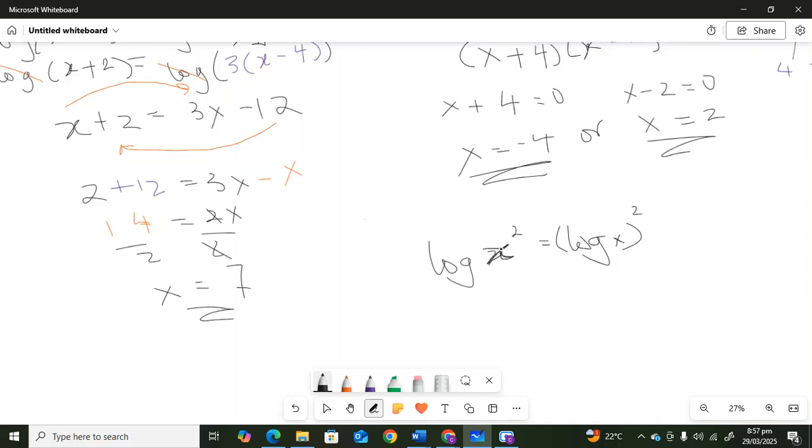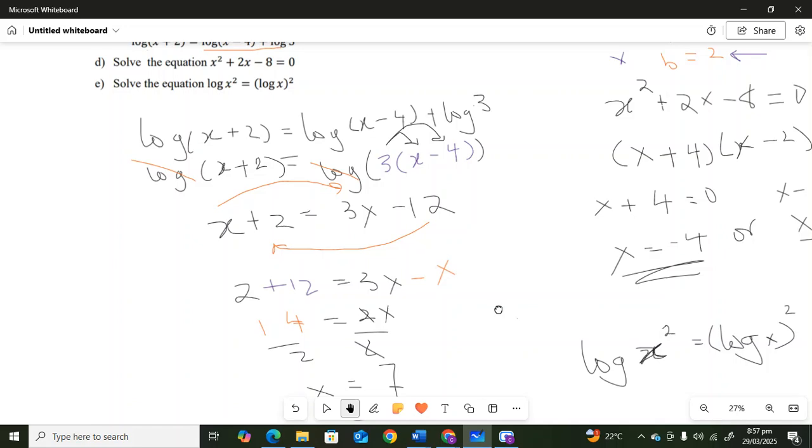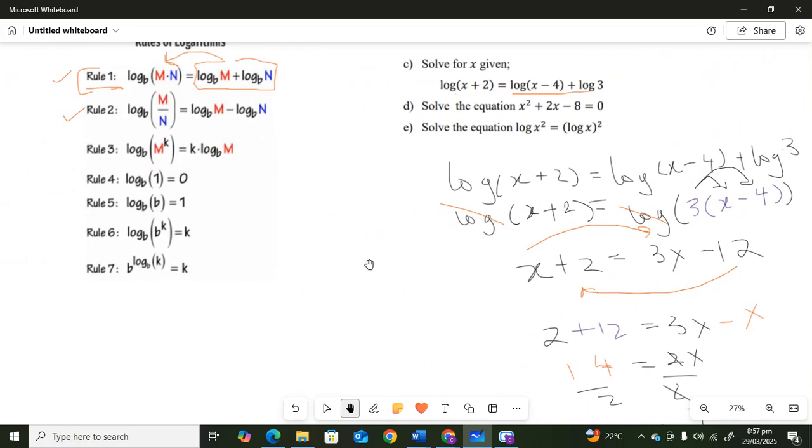So first things first, we need to get rid of this power 2 for this x here, because we want it to remain as log x. So we apply the power rule for logarithms.